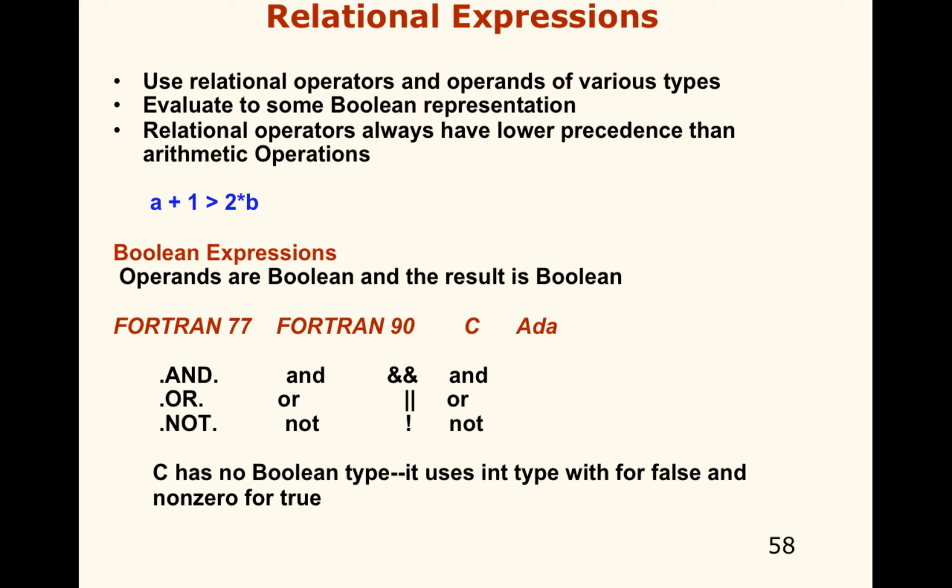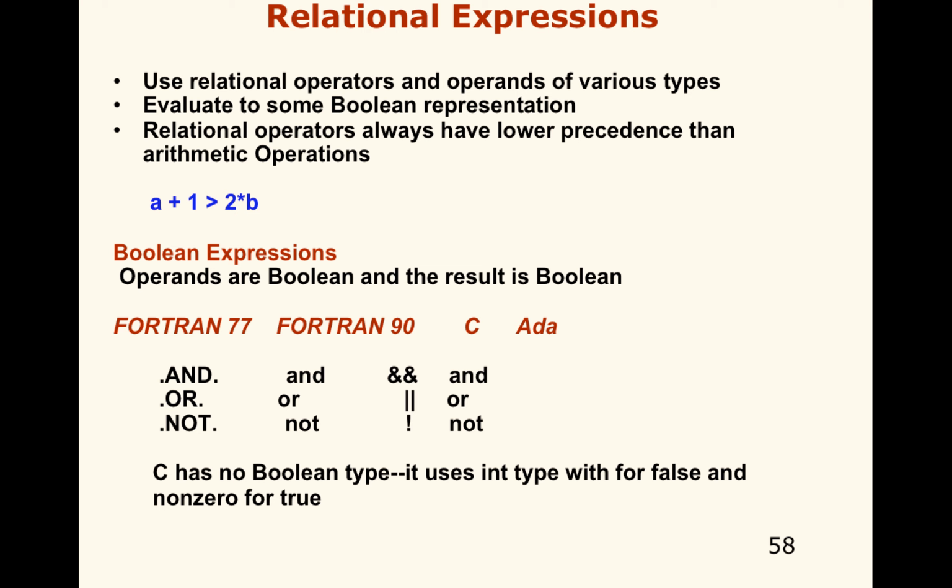And again, just to reiterate a point, you don't need to know how relational expressions work, like the example I just told you about C. It's just for your knowledge, just so that you have some comparison with other languages. You don't need to memorize what languages support which relational operators and how they work in every language out there.